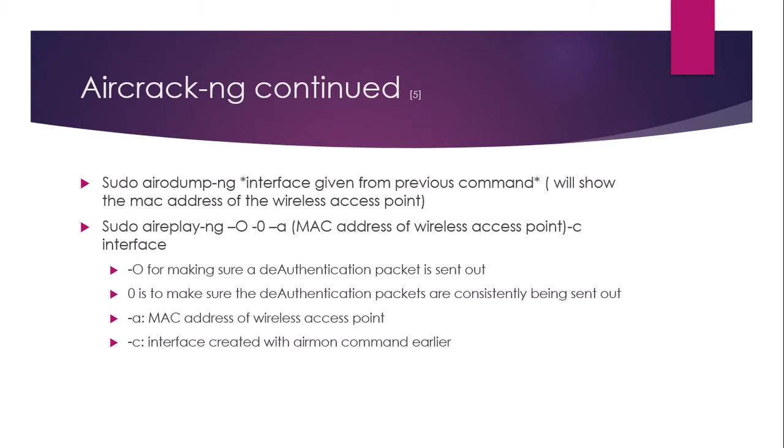So a little information below about the final command: the -0 is for making sure a deauthentication packet is being sent out. The 0 is to make sure that the deauthentication packets are being continuously sent out. The -a is for setting the MAC address of the wireless access point, and then the -c is the interface created with the airmon command earlier.